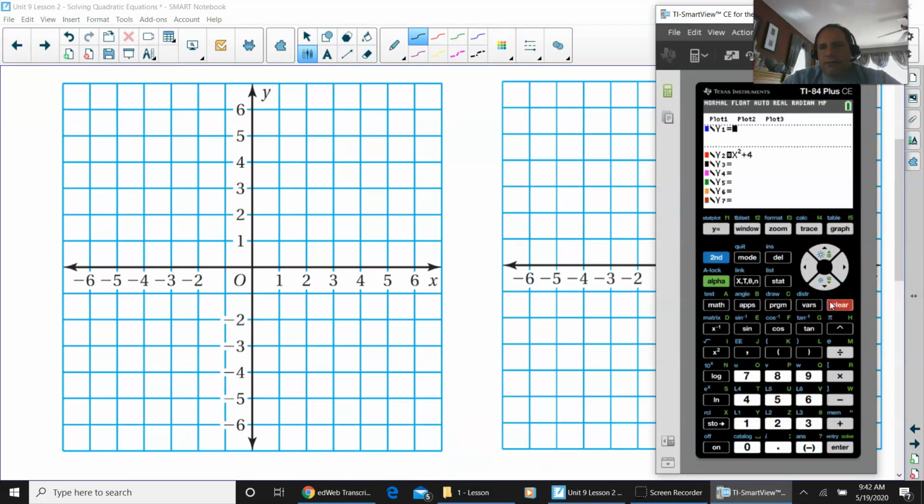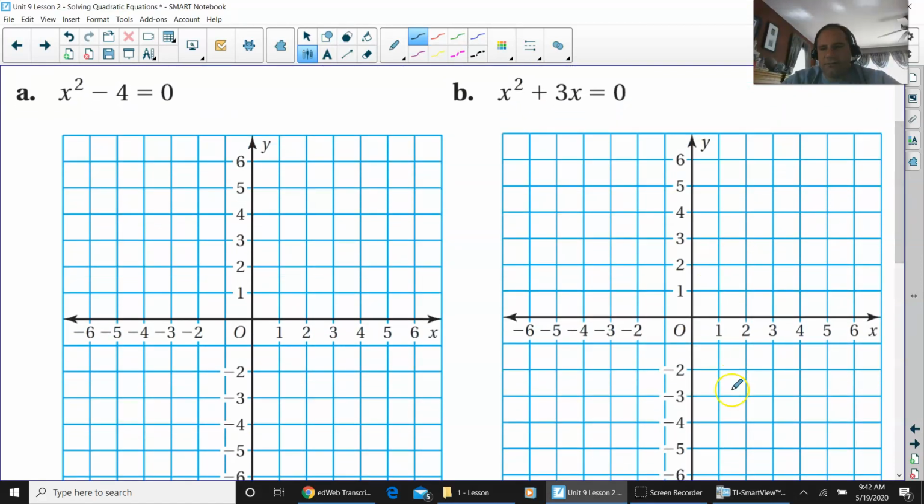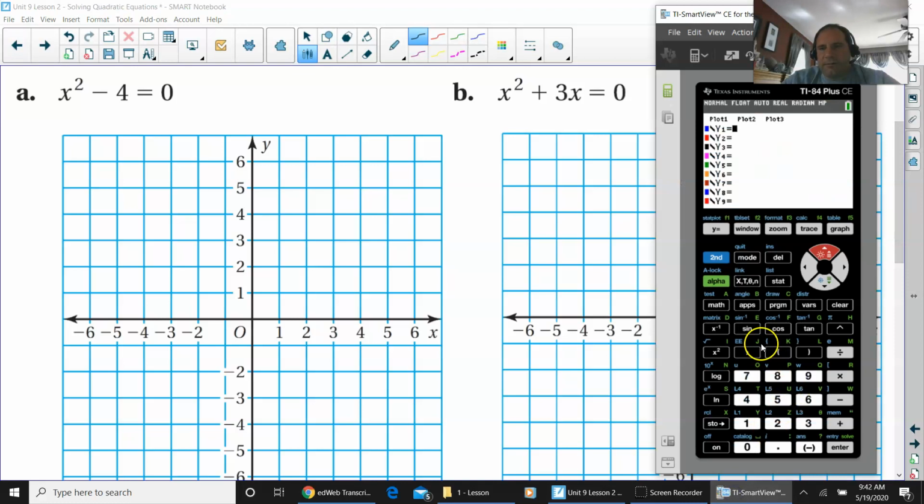We're going to clear that out and clear the second one out, and then just input what you have there as a question. It's x squared minus 4. So that's what I'm going to put in. X squared minus 4.